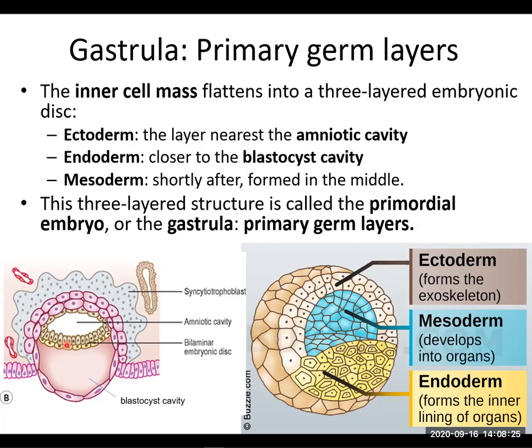The three germ layers are the ectoderm, endoderm, and the mesoderm. This group is basically the germ layer. We call it the embryonic disc. This is also called the gastrula, and the gastrula is going to develop into the infant.